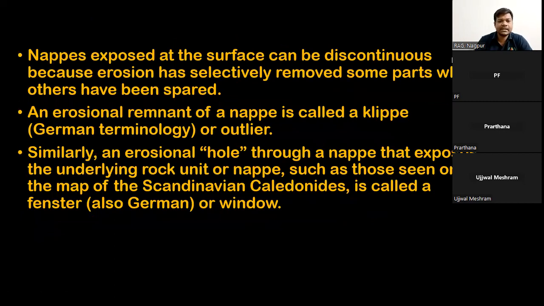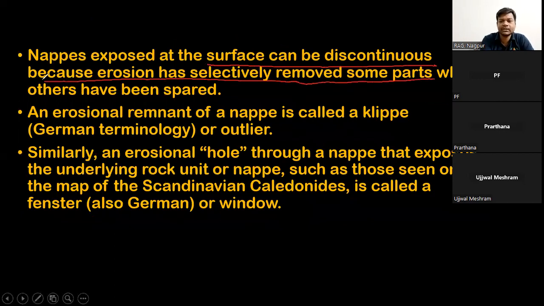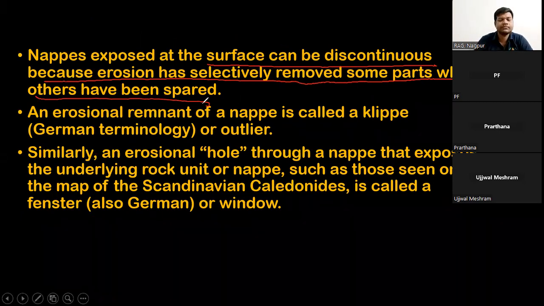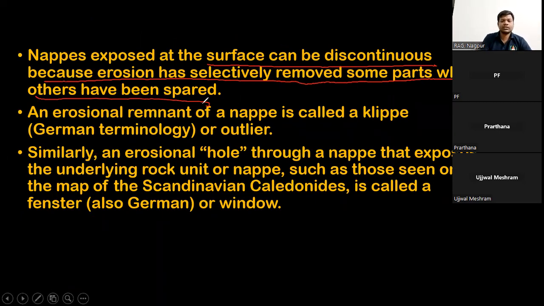Nappes exposed at the surface can be discontinuous because erosion has selectively removed some parts while others have been spared.